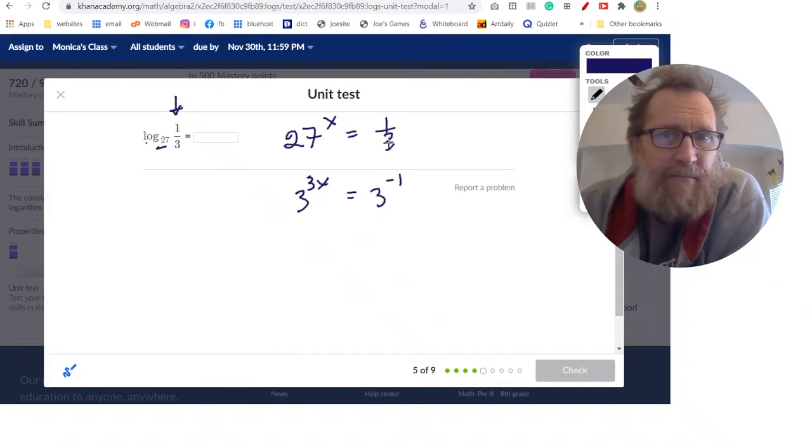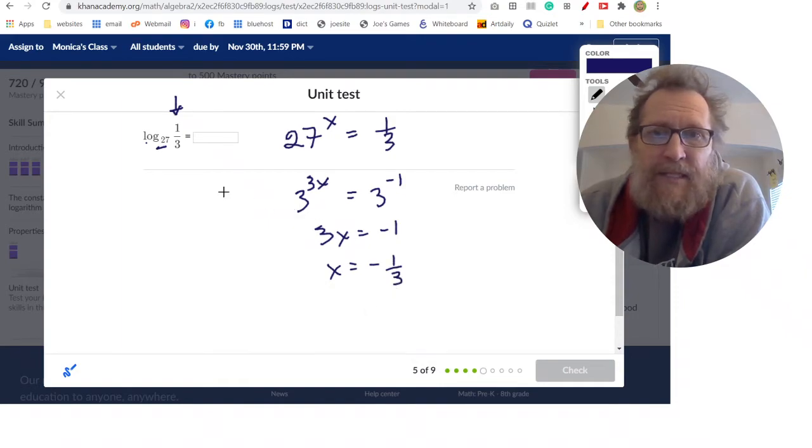Because that's a negative because it's down there, and it's 3 to the first in the denominator. It means 3 to the -1. That just means 3x equals -1, and then that means that x equals -1/3.